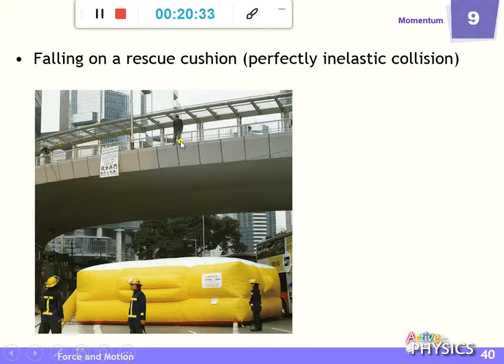With no kinetic energy loss, it would bounce back to the initial height, and then forever. Now we want the perfectly inelastic collision. It means that this man will stick on the air cushion and stop, of course, finally.